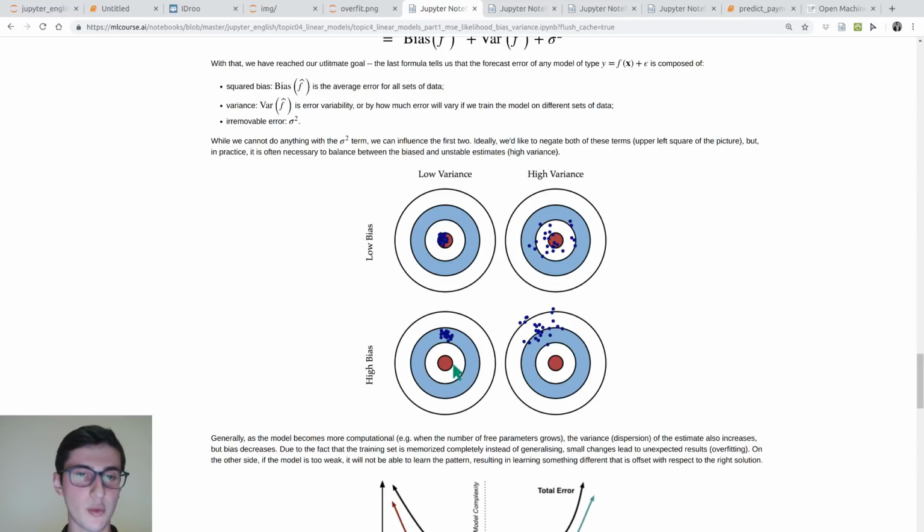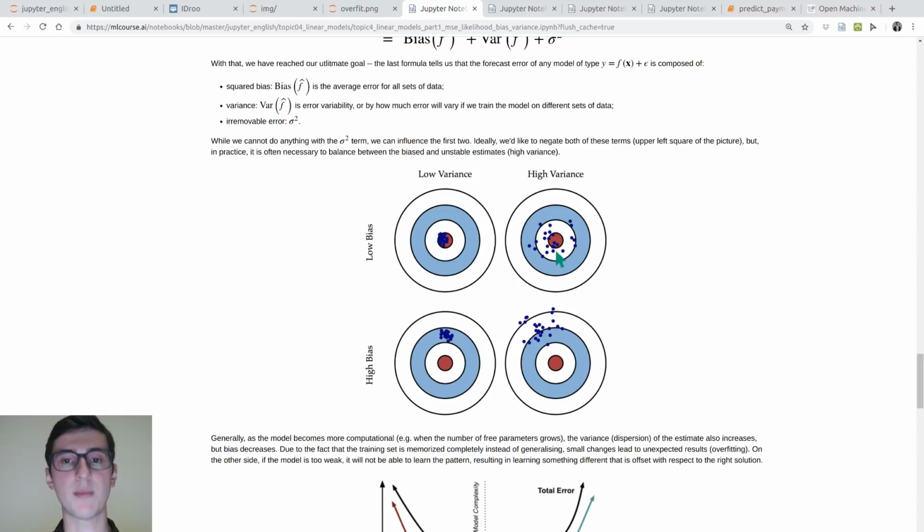The situation with high bias and low variance is going to be this one. Our shots are very well clustered, but they are not in the place they were intended to be. The opposite situation, with high variance but low bias, is that our shots are not clustered anymore.